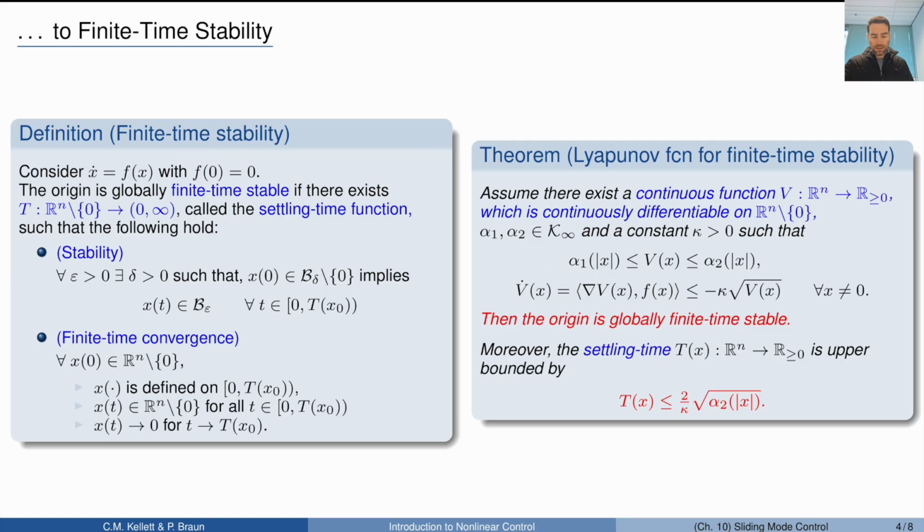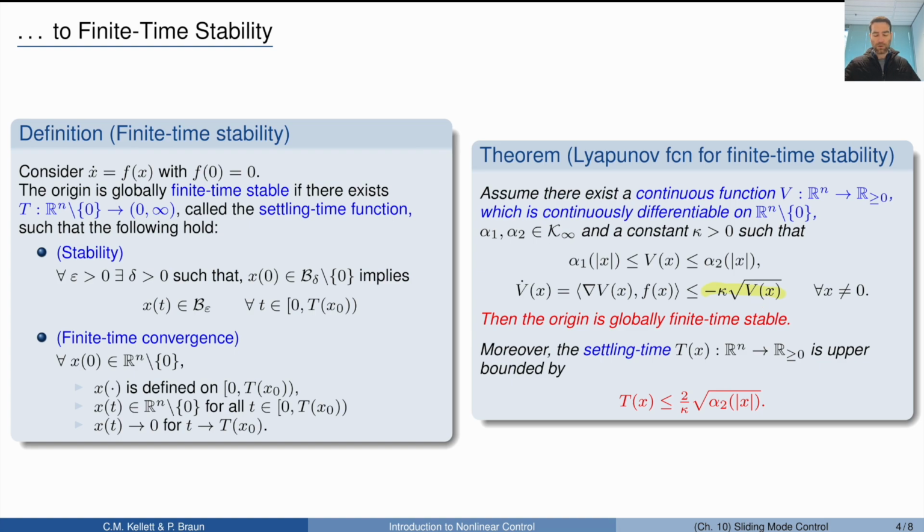And now what is changing here is the right-hand side, the decrease condition. Instead of capturing that through a positive definite function, now we have the condition that the decrease needs to be written in terms of a constant times the square root of the Lyapunov function.